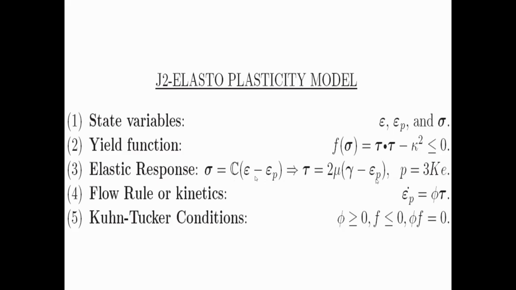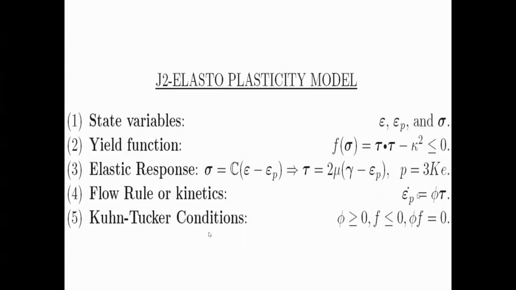This is for the shear stress alone. In elastic models, it is 2 mu times gamma plus lambda times E. This lambda times E is what is given over here. P is equal to 3K times E. And then the other things are the same.